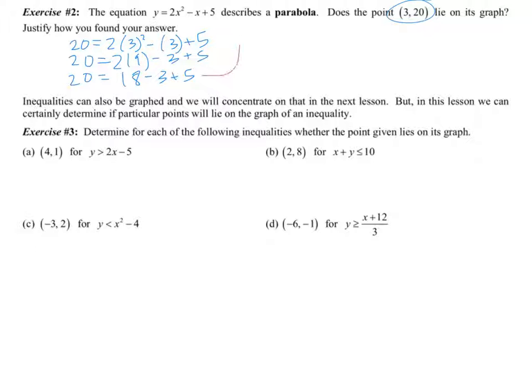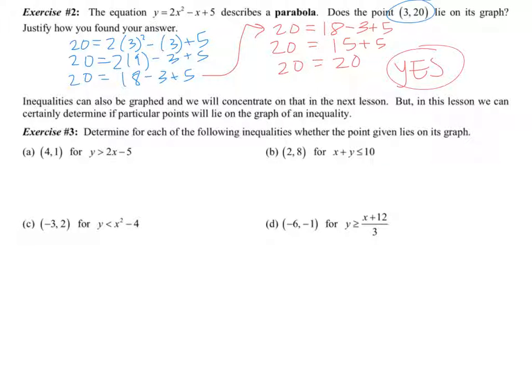So 20 equals 18 minus 3 plus 5. 18 minus 3 is 15. 15 plus 5 does equal 20. So yes, this point lies on the graph.